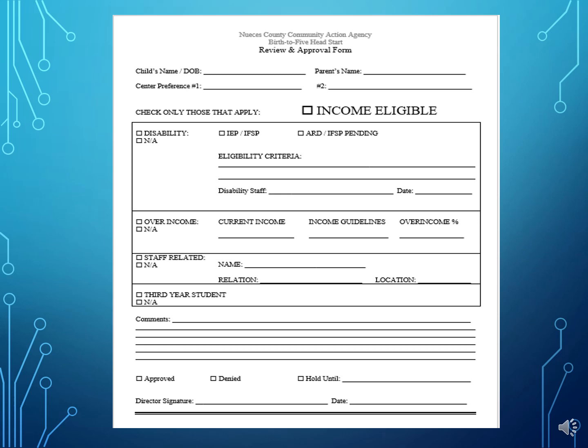Remember, if it's disability and income eligible, only one signature is needed, which is the disability coordinator. If it's disability with any of the other three, then 2 signatures are needed. If one of the over income, staff related, or third year student is checked off, the only signature needed is the director's signature.